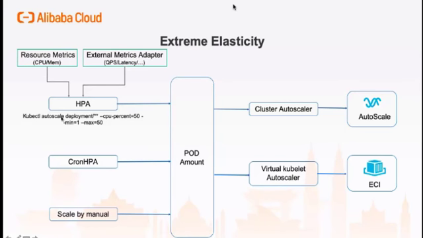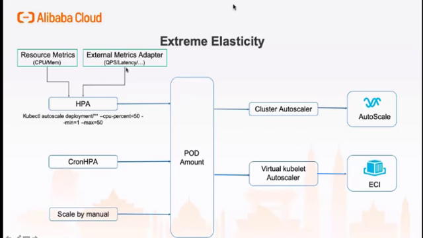So for HPA, we know in community version Kubernetes, by default it supports resource metrics such as CPU and memory. So we also enhance the HPA ability to add other external metrics, for example the QPS and the latency.